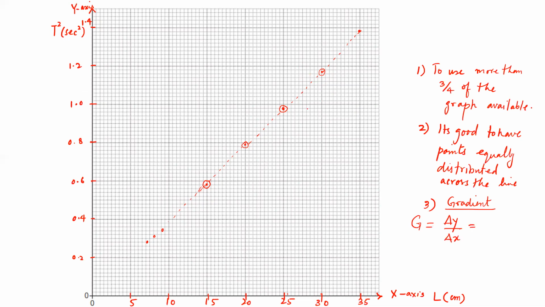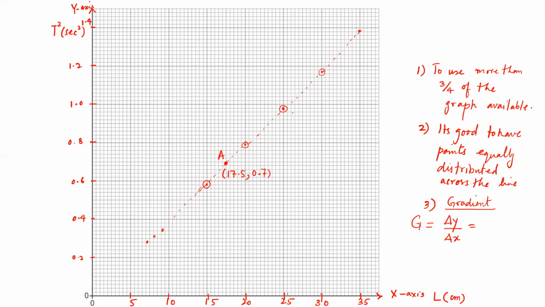First of all we have to select 2 points, and those 2 points are not the ones that are given. So on your line, select 2 points. Say you select this point, and I call this A. On the x-axis, this point is say 17.5, and on the y-axis, this is 0.7.